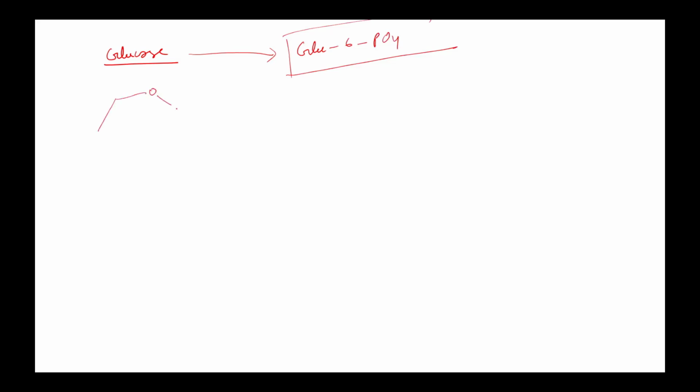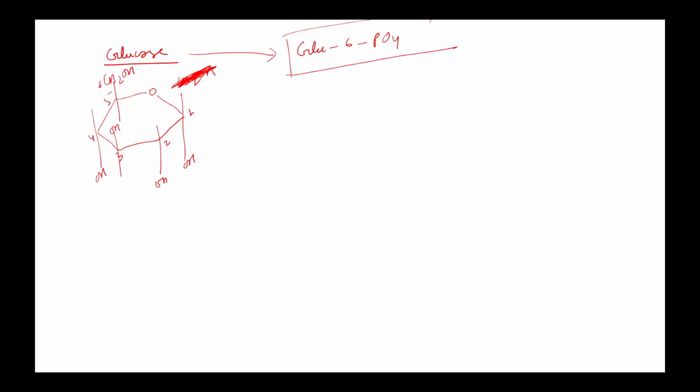Structure wise, this is the glucose structure, with the first, second, third, fourth, fifth, and sixth carbon.